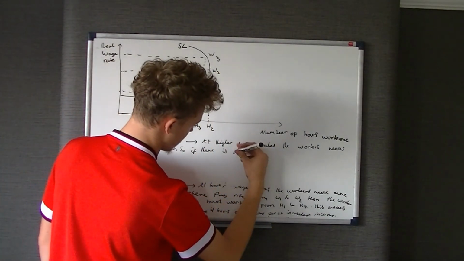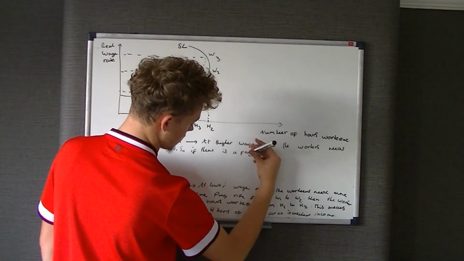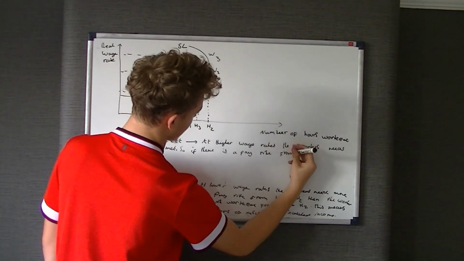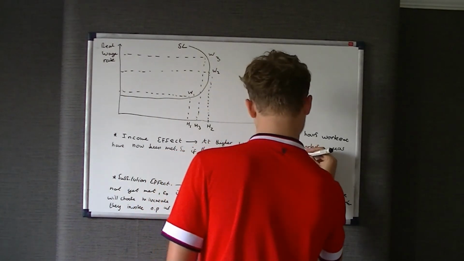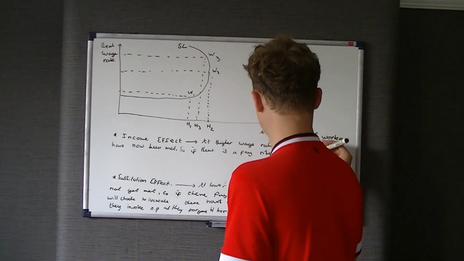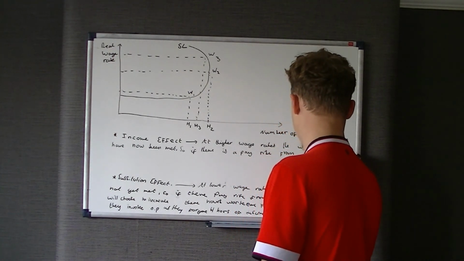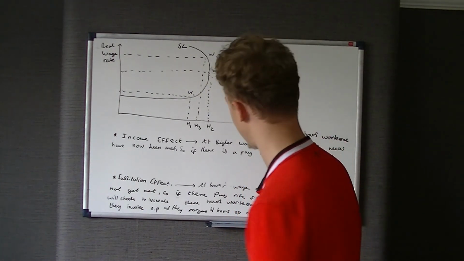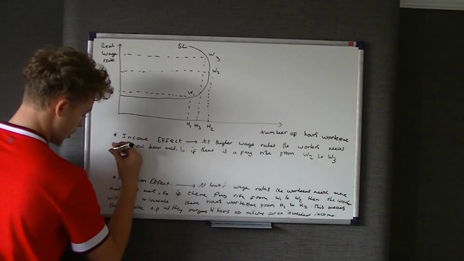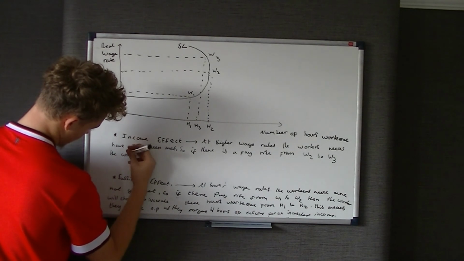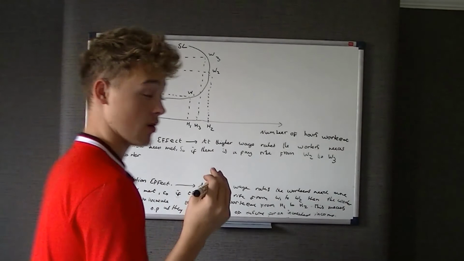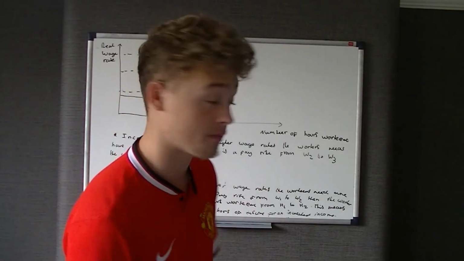So if there is a pay rise, again you could put wage increase, pay rise from W2 to W3, the worker will be able to have the same income but be able to have more leisure time.